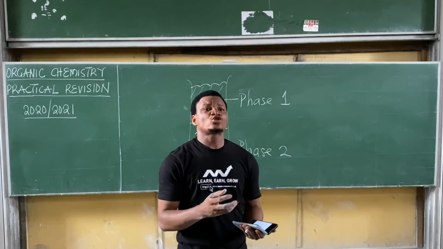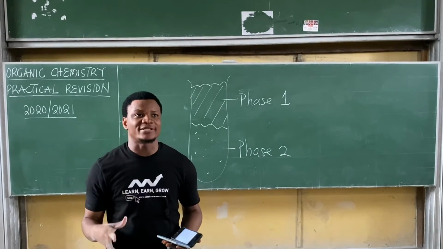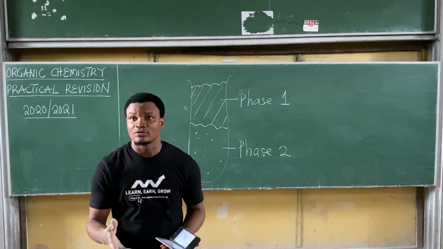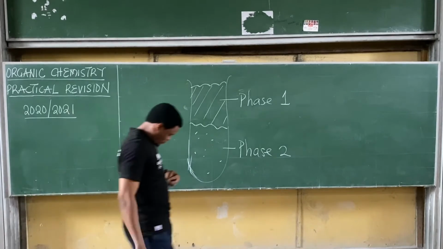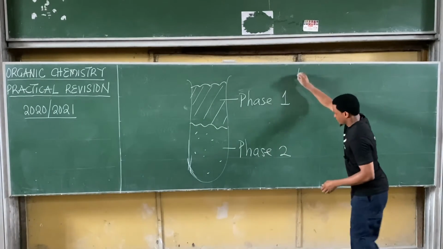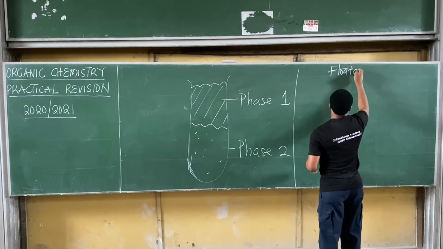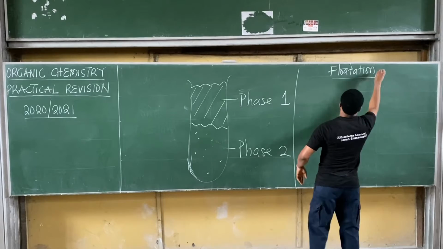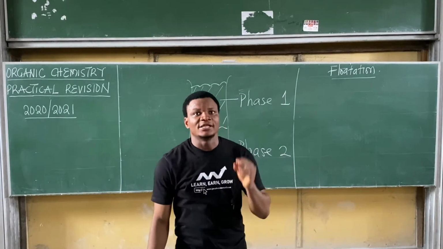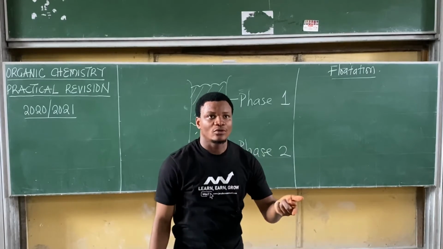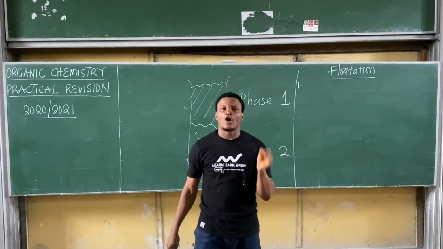Listen, when it comes to flotation, the density of an object determines its ability to float. That's it. Side note, those of you in engineering, you learn this in your year 2 second semester: flotation. Case 1, let me take an object and water.